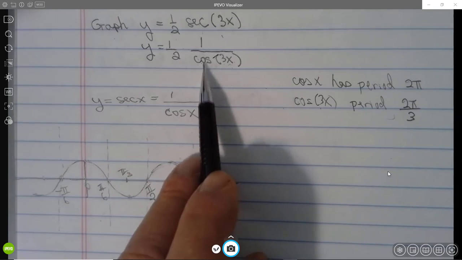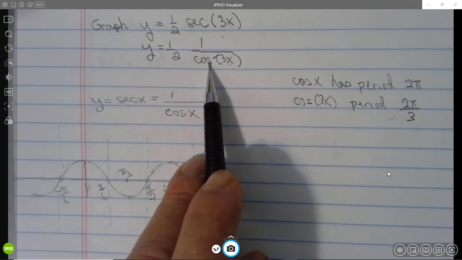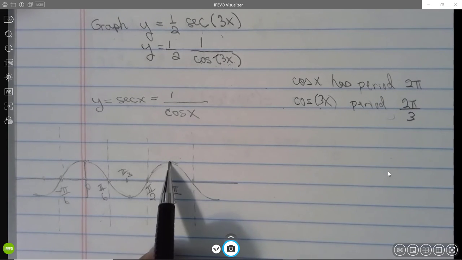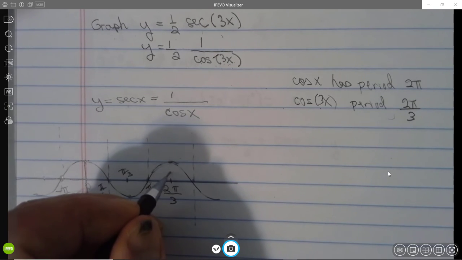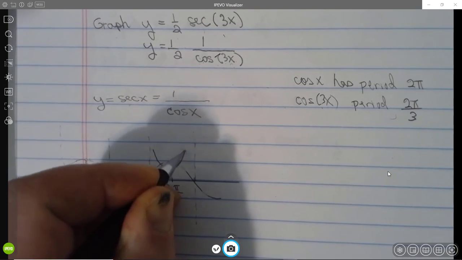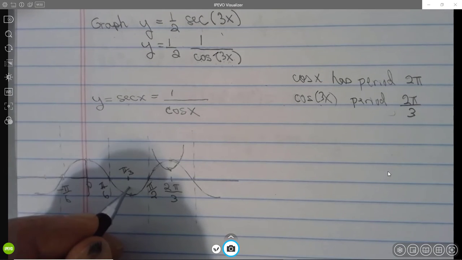Or you could think of this: the cosine maxes out at 1. Its reciprocal then will have a minimum of 1, and then you multiply that by 1/2. So it's just half that height, and these are going to shoot up like this. Now, it's these U-shaped pieces, so this will be at height minus 1/2.